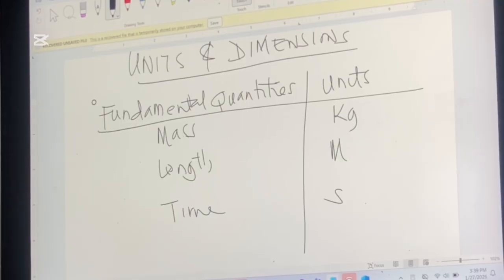Now listen to me carefully. Whenever you are given a quantity and you are asked to express the unit of that quantity, the first step you have to take is to write down the formula.